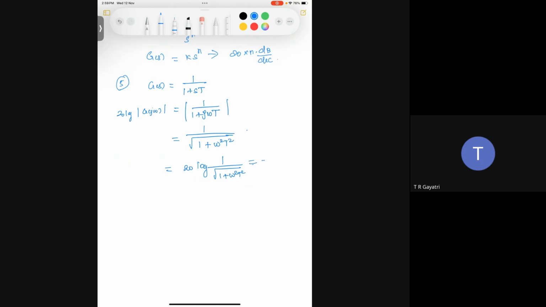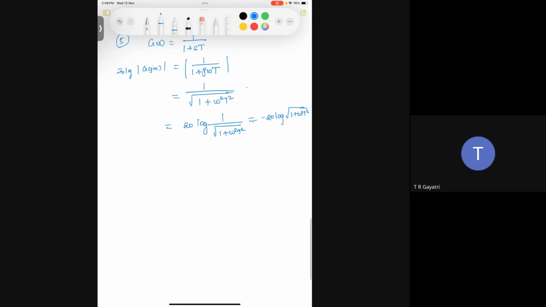This will be minus 20 log root of 1 plus omega square T square. I'm just moving the denominator to the numerator.